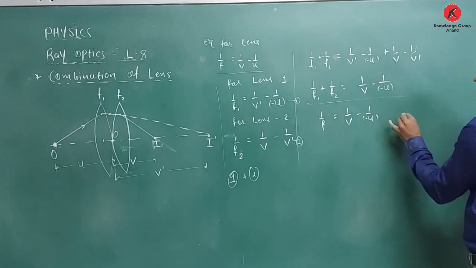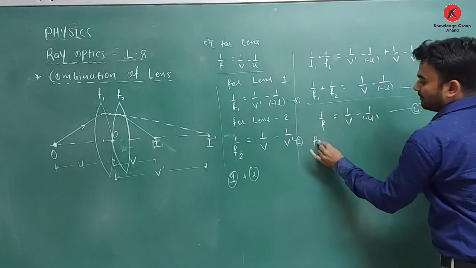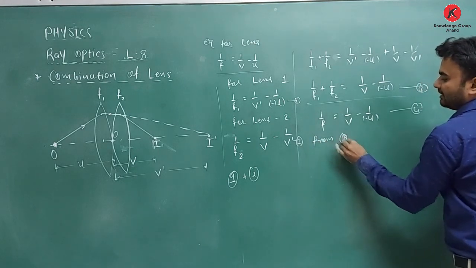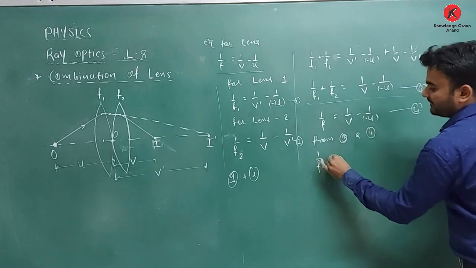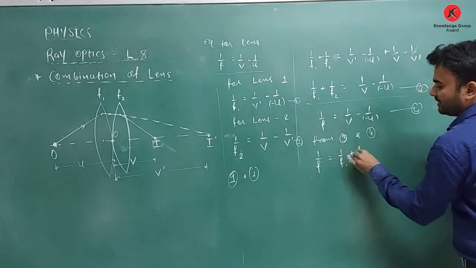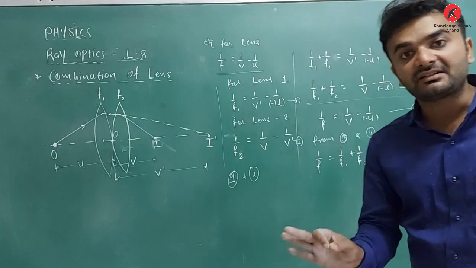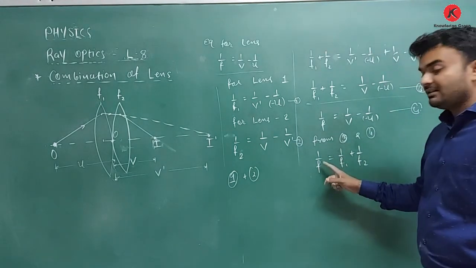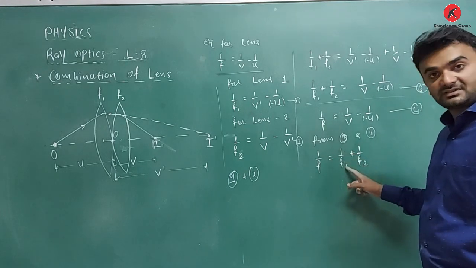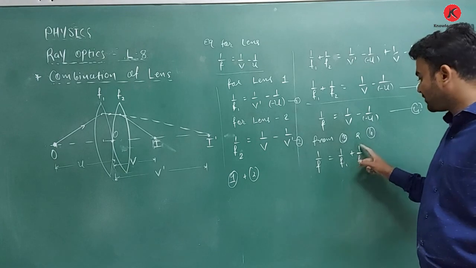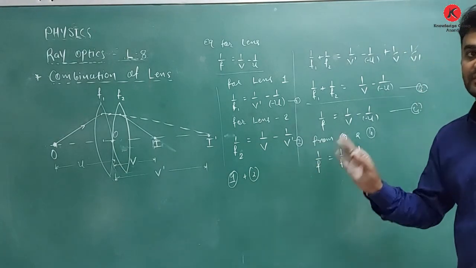So from these two equations 3 and 4, we can write 1 upon f is equal to 1 upon f1 plus 1 upon f2. The resultant reciprocal of focal length is equal to the reciprocal of focal length of the first lens and the reciprocal of focal length of the second lens.